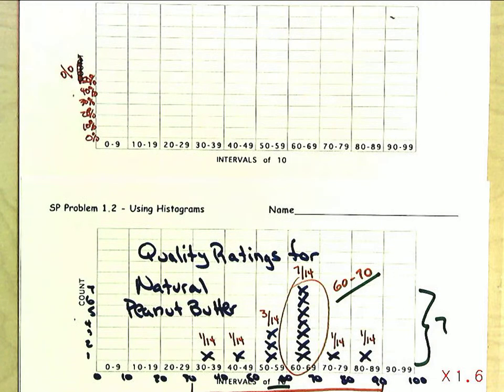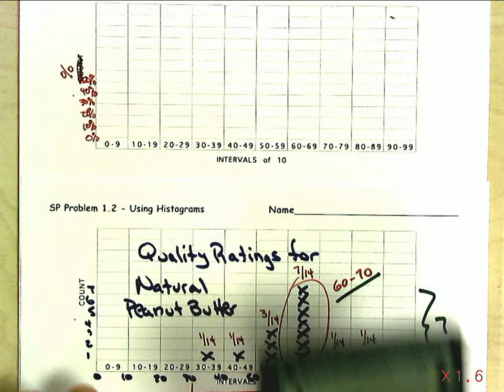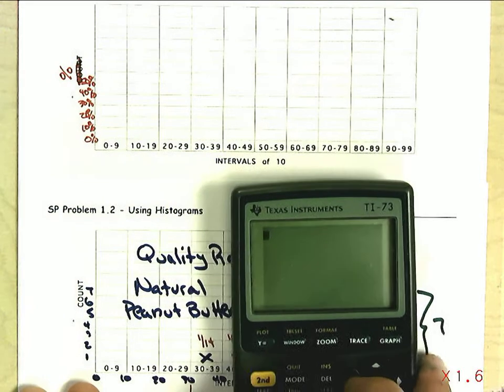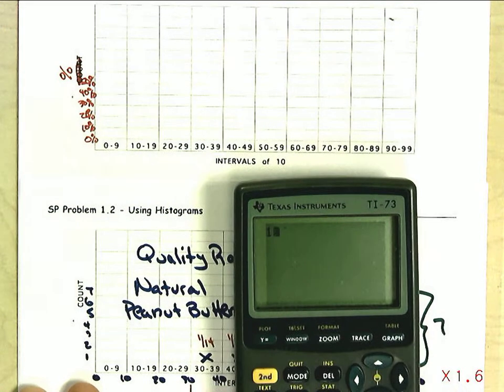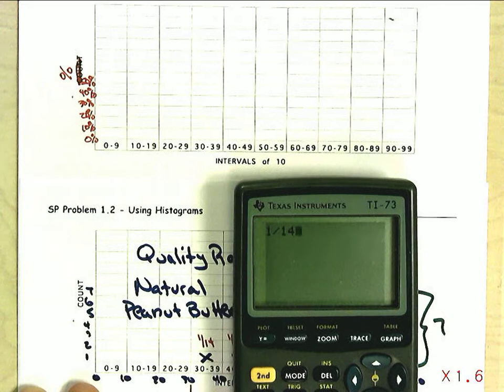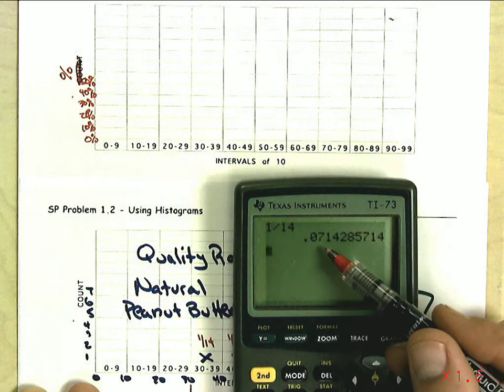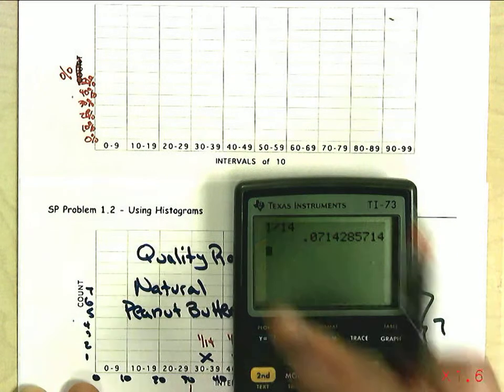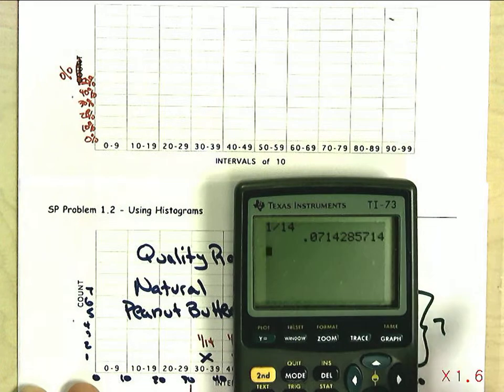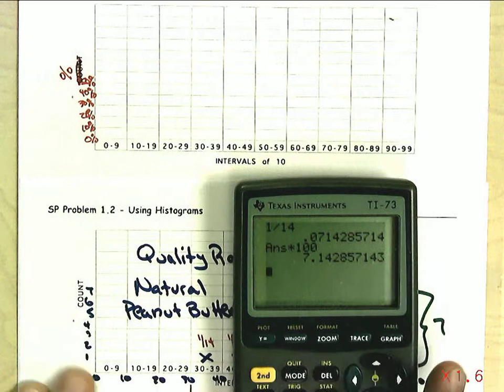So if I have 1 out of 14, to find the percent, 1 divided by 14, that's how you find a percent, and that gives me 0.071, which is 7%. You take a fraction, 1 divided by 14, and then multiply that number times 100, or move the decimal point 2 places to the right, and so it gives you 7.1%.